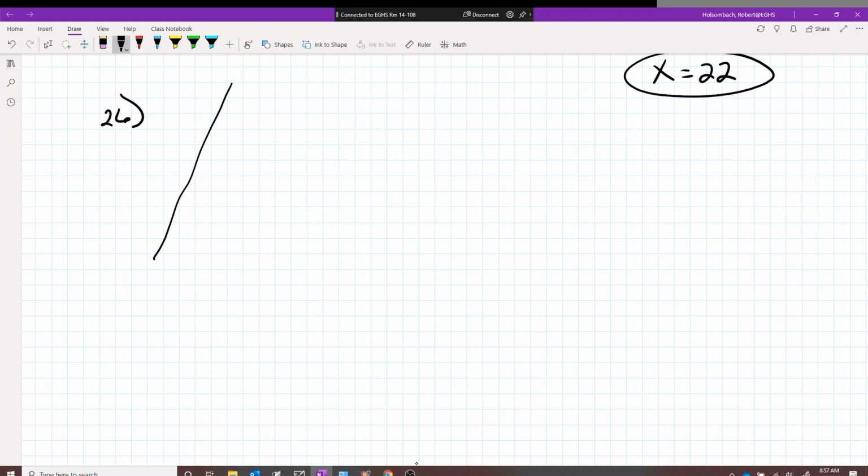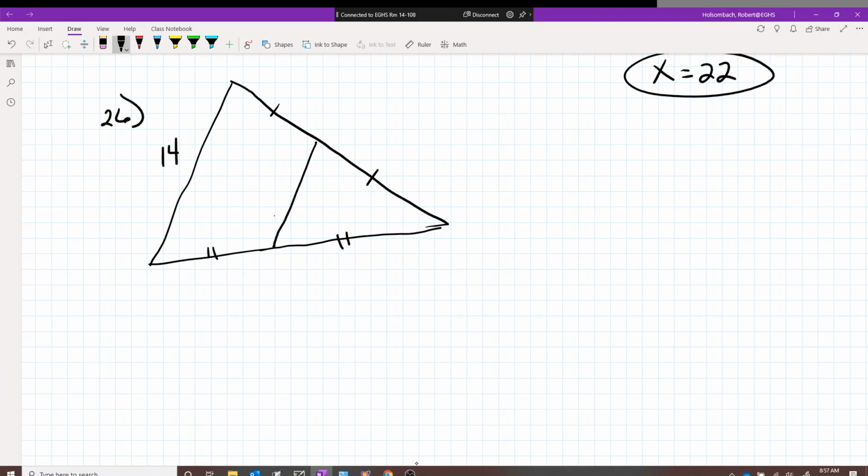In problem number 26, you're going to be dealing with a mid-segment. Okay, in this triangle, you've got a segment that connects the midpoints of two sides of a triangle.